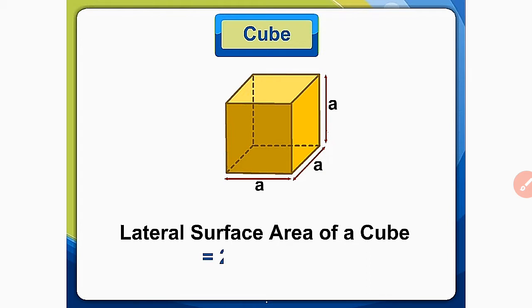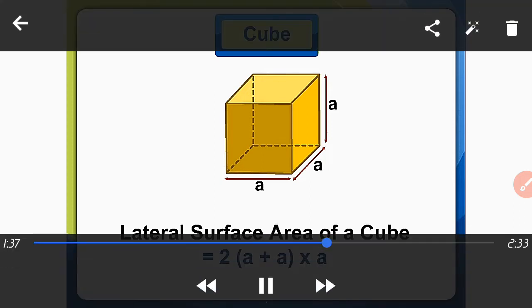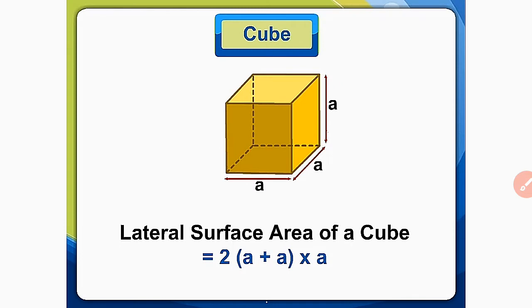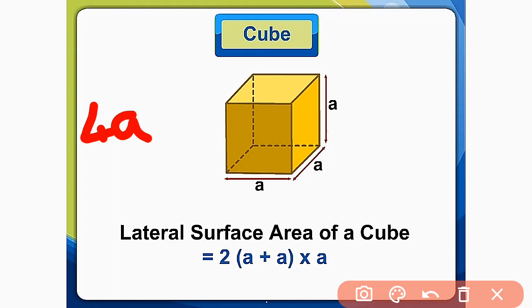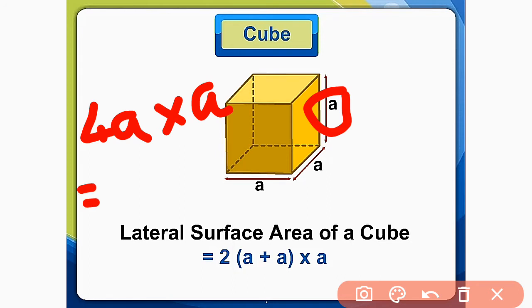We know that the lateral surface area of any three-dimensional shape is equal to the perimeter of the base into height. So here the base is in the form of a square. We know that the perimeter of the square is equal to 4A and the height is A here. So we can write it as 4A into A, which is equal to 4A square.